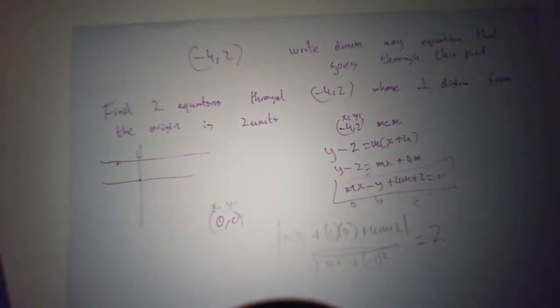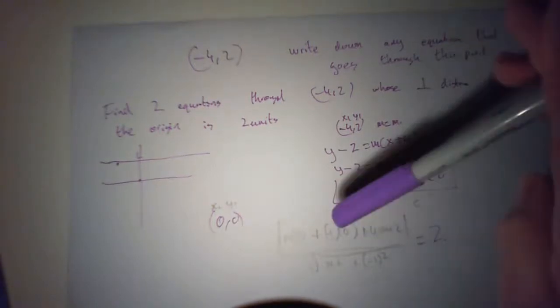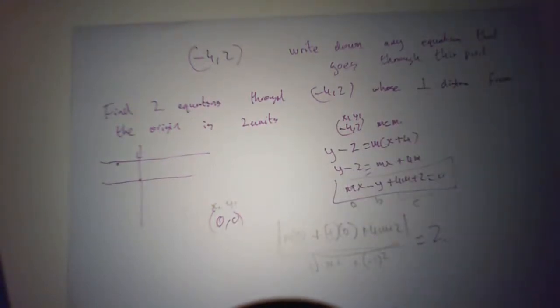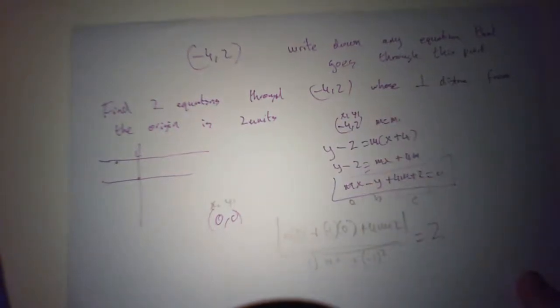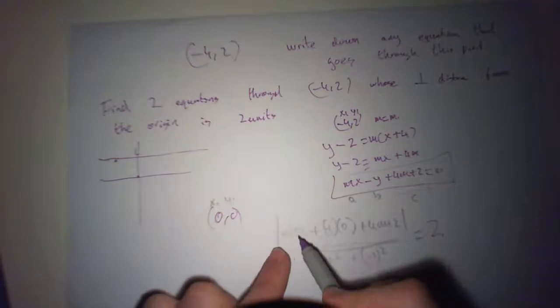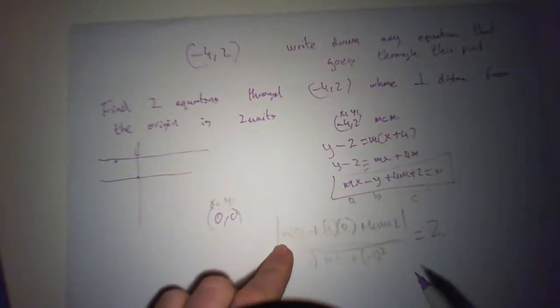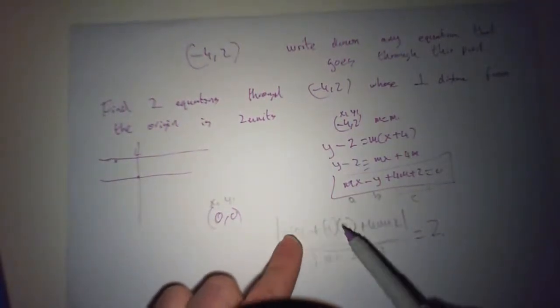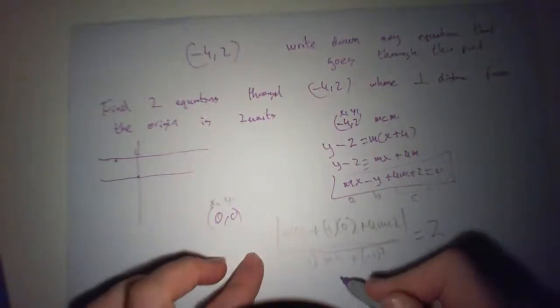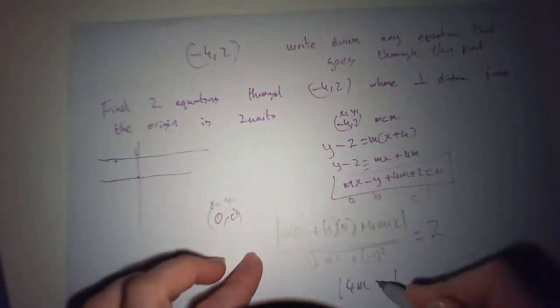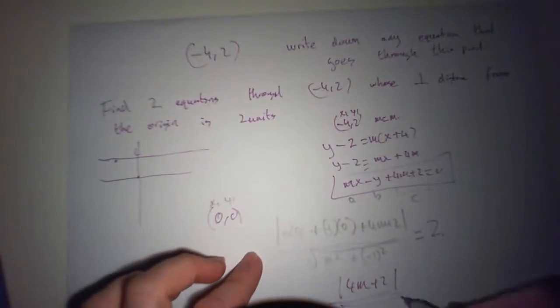So how are we going to figure this one out? Well, let's just try and tidy this up. I can see straight away it's going to give us a quadratic type of situation, because we'll have a root on one side that you can't get rid of without squaring the other side. But I'm just trying to play ahead in my head. So let's try and work this out. We've got the absolute value of 4m plus 2 over the square root of m squared plus 1 equal to 2.